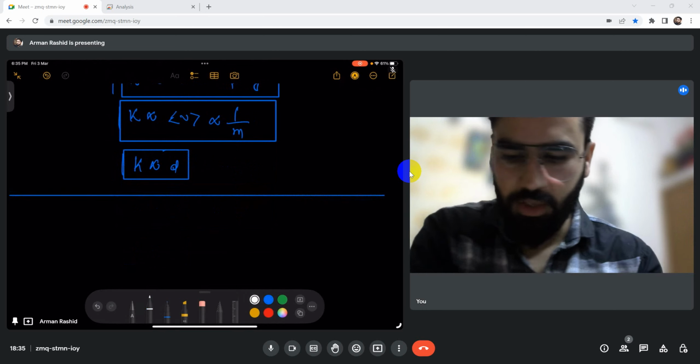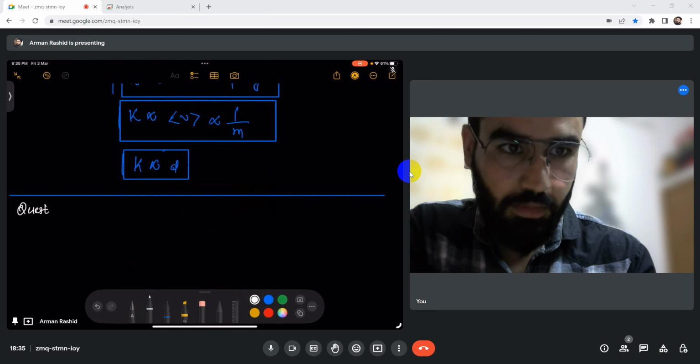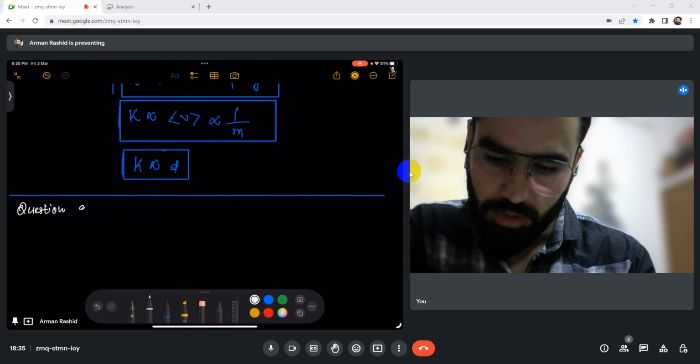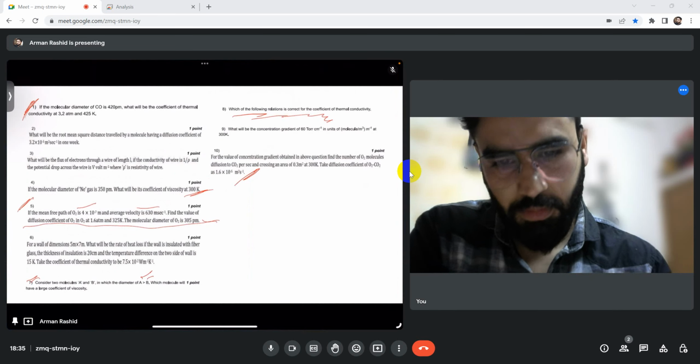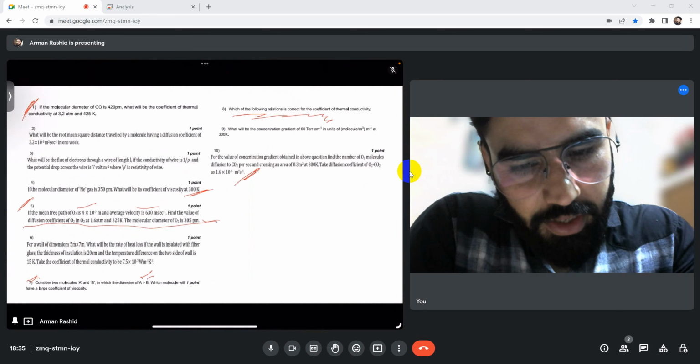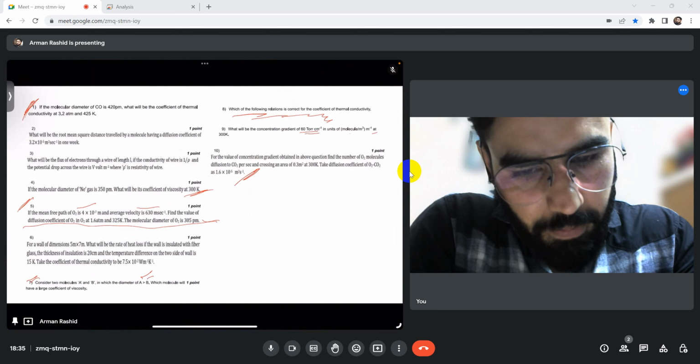Now we'll go to another question, question number 9. What will be the concentration gradient at 6 stars in units of molecules?